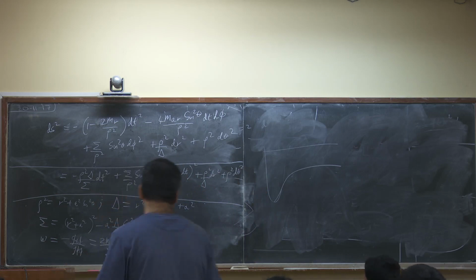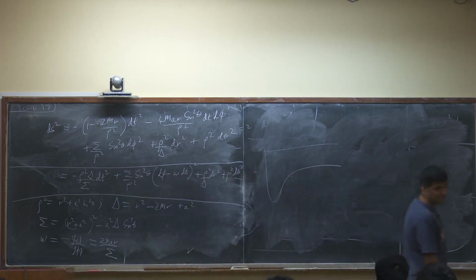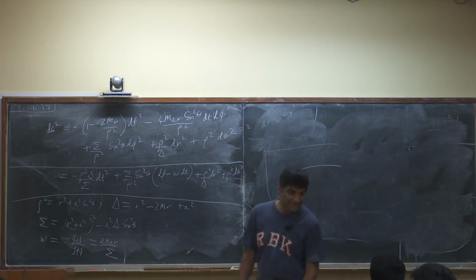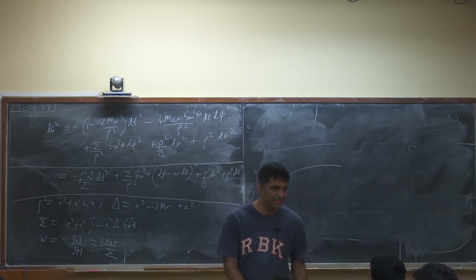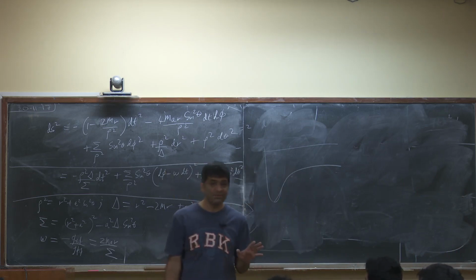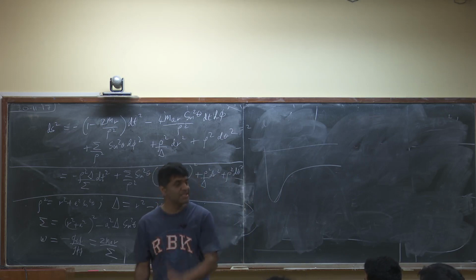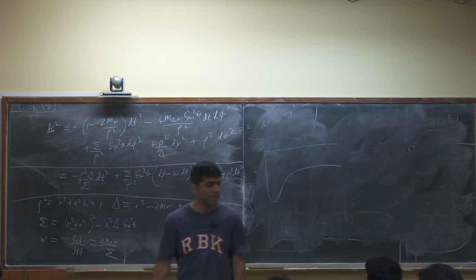Isn't that symmetry forced on the solution? Yeah, and that's how it was originally found. But by now there is a theorem that says there are no other stationary solutions. All stationary solutions have this additional Killing vector. I quoted a theorem which said that all stationary solutions are of this form.